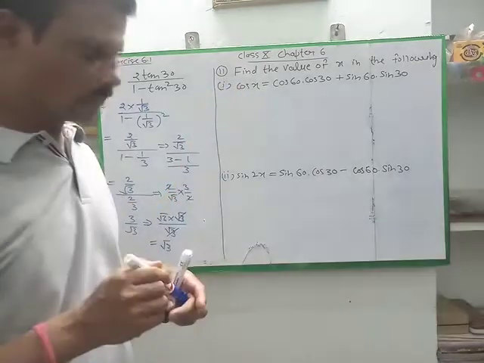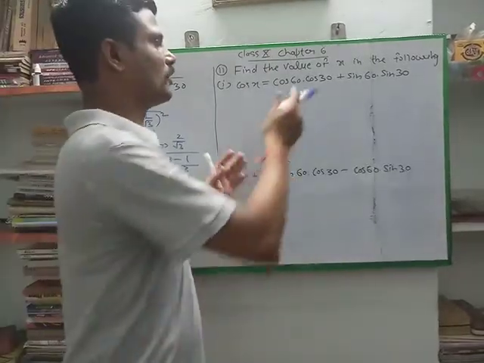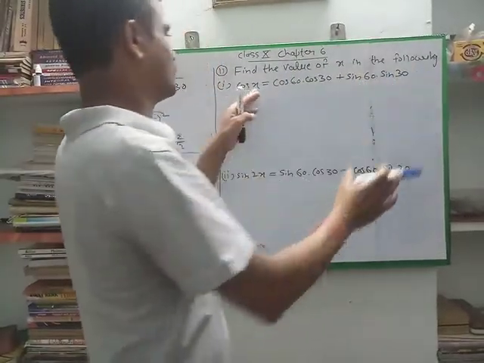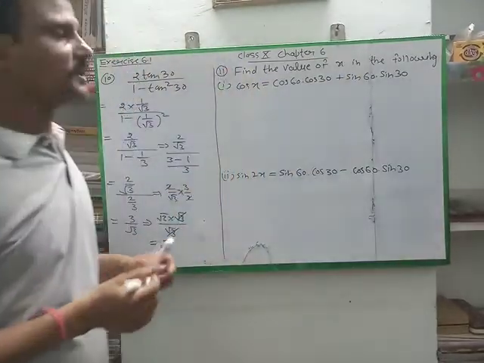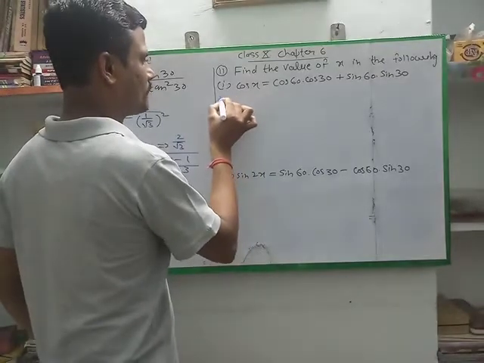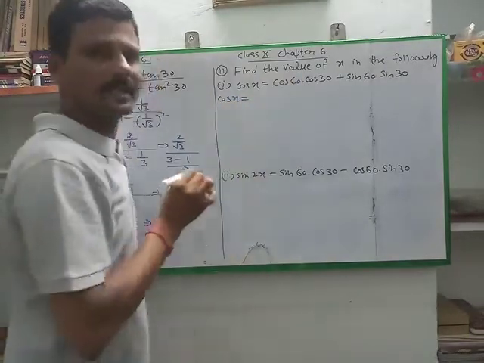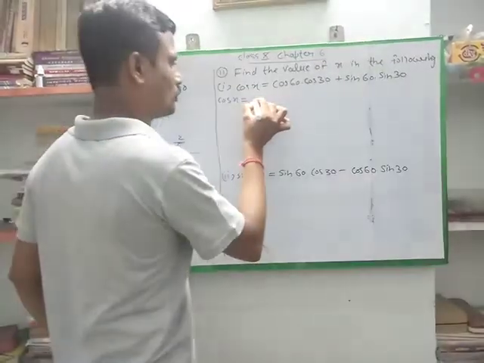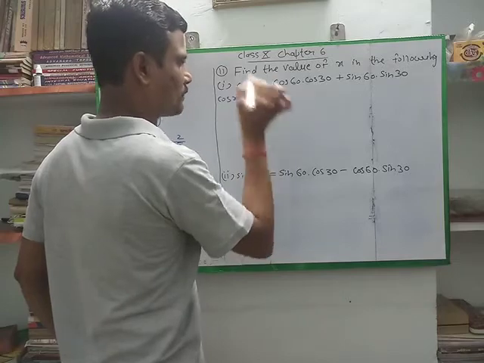Question number 11. Find the value of x in the following. We have to find the value of the right hand side, and the cos will remain the same. So cos x is equal to cos 60 multiplied with cos 30.